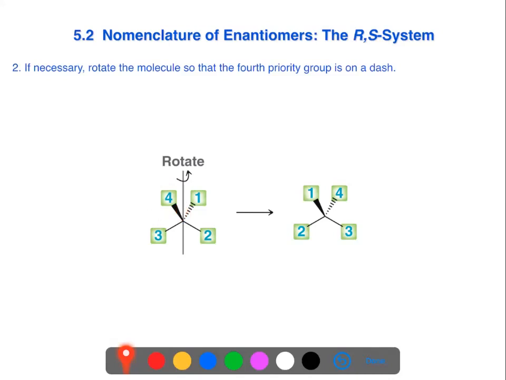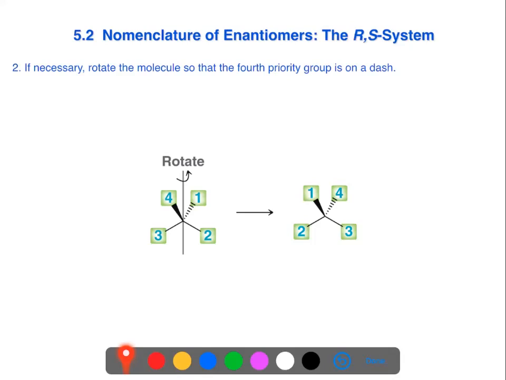There's nothing wrong with leaving it that way, but when you look at the structure to determine whether you are going in a counterclockwise or clockwise direction from your highest to third highest priority group, it's sometimes easier to look at it face on as opposed to from behind the page. And so that's why rotating it can be quite helpful.